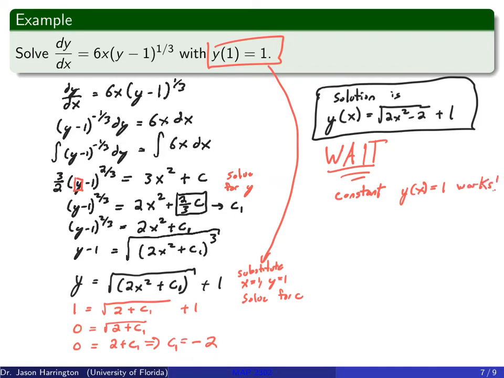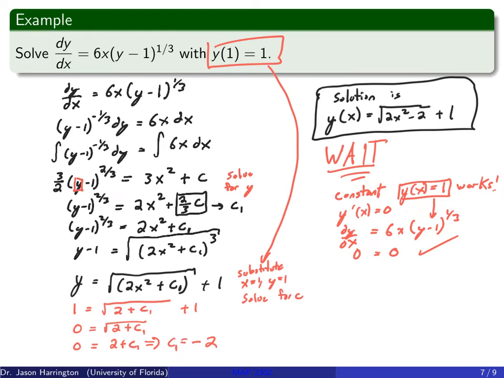You'll notice that if y of x is constant, then that means the derivative is equal to 0. So then dy over dx, which is 6x times y minus 1 to the 1/3, if I were to put in the constant here, you would get 0 on the right-hand side, and the derivative of a constant is also 0.